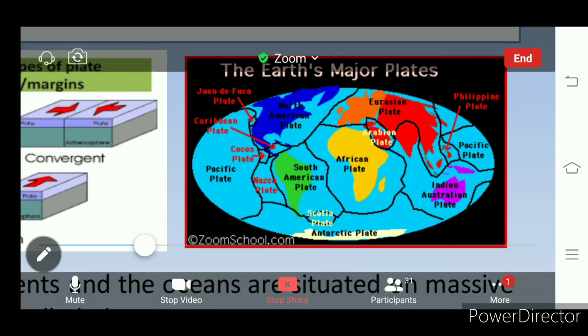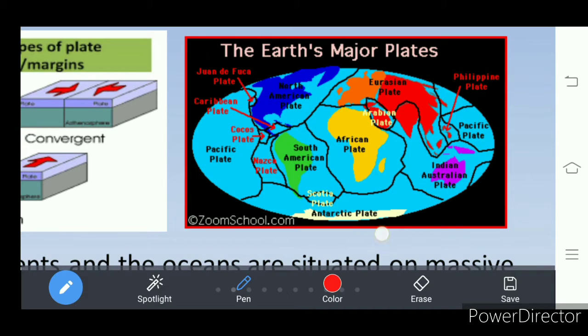You will find that continents are lying on certain plates. The African plate is given here, this one. And here you find the Indo-Australian plate. This. Actually, all the continents and oceans are situated on plates.